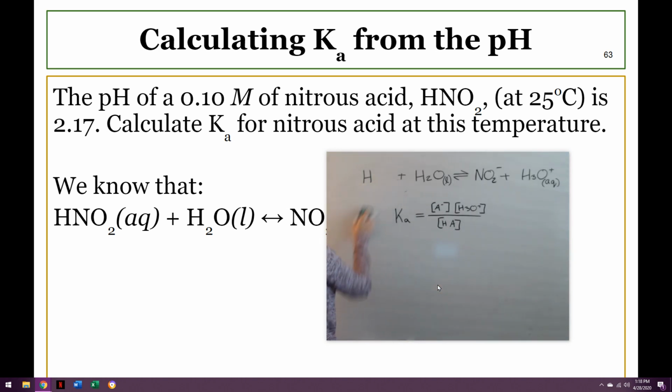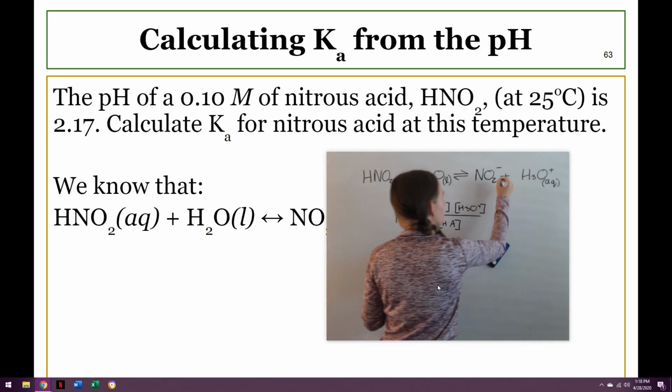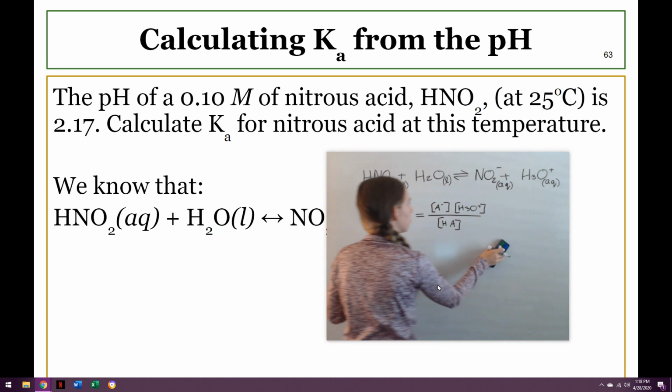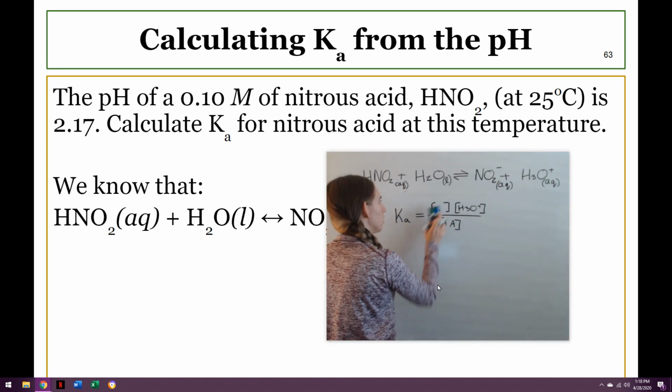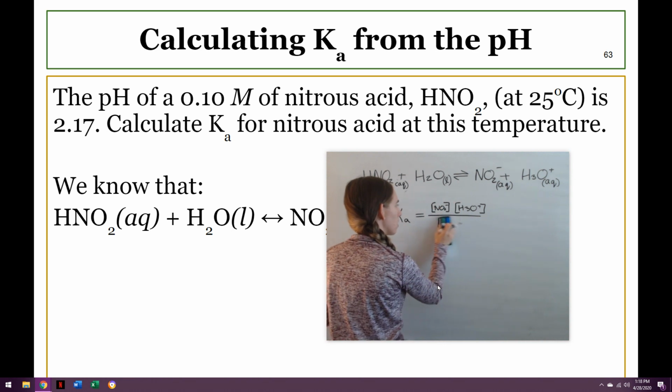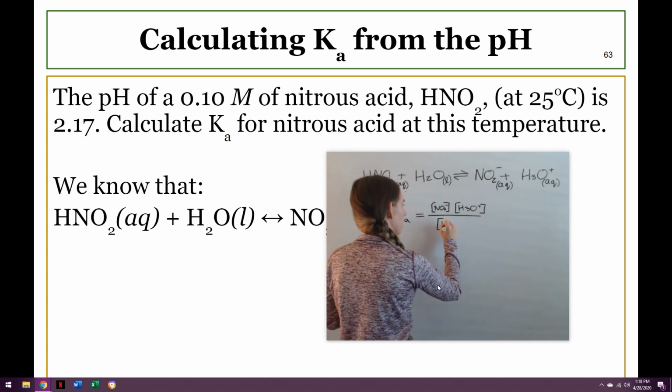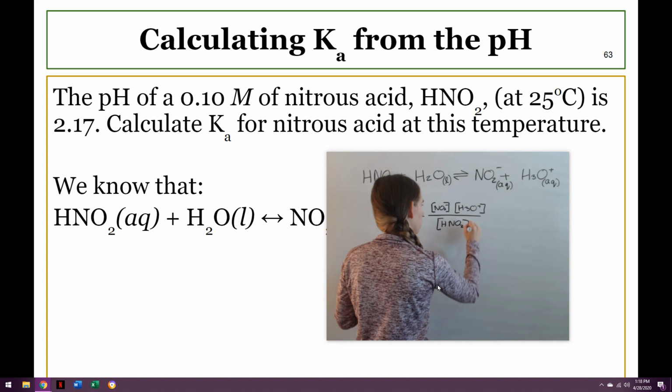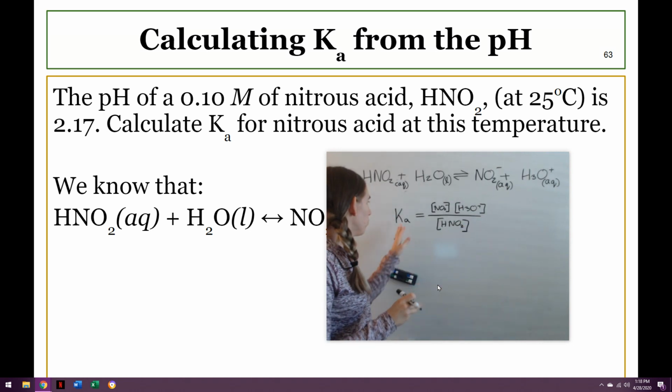Our anion is NO2-, and nitrous acid is the acid here. Therefore, we just need to change this to that. And down here, we have HNO2. So we need to find Ka.